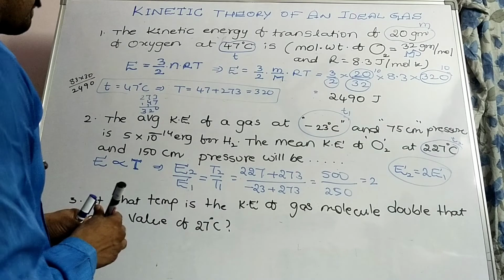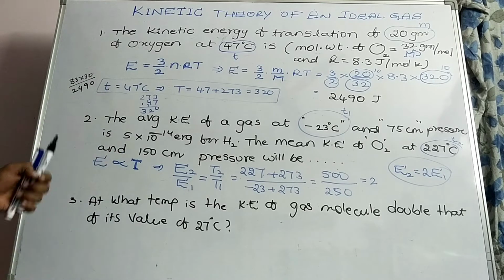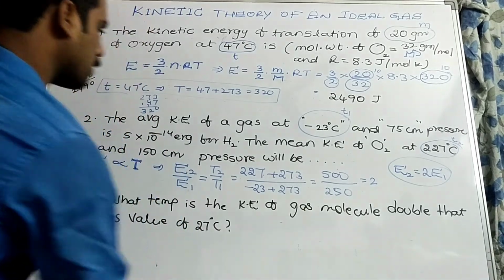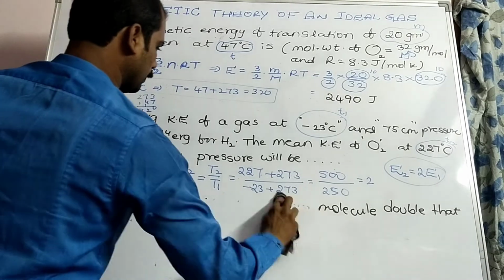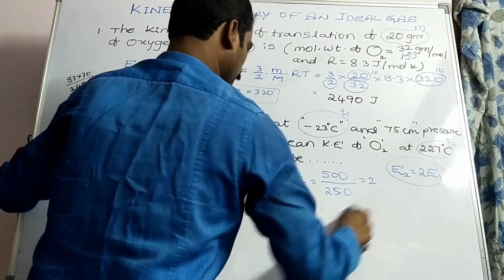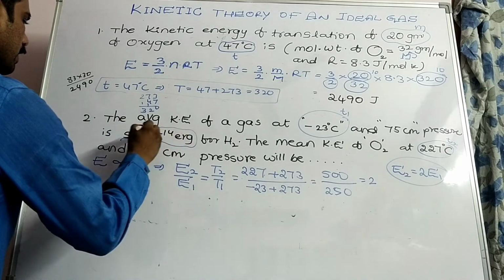Next, we have to find the mean kinetic energy of O2 at 227 degrees Celsius. Of course, E2 is equal to 2E1. Here, 5 into 10 power minus 14 energy is given for E1.